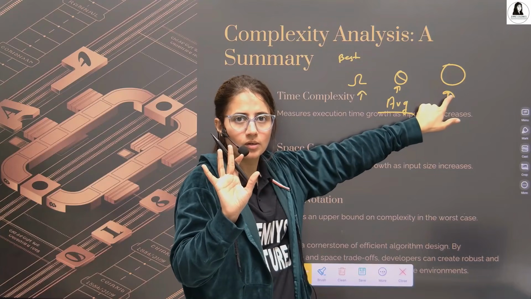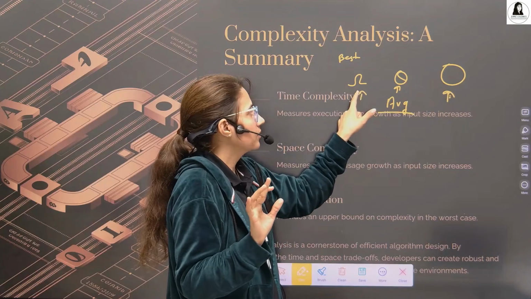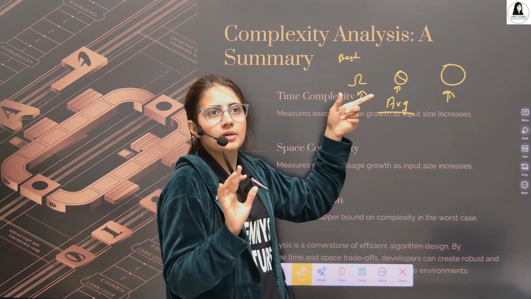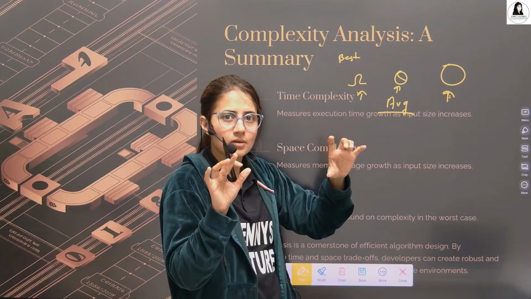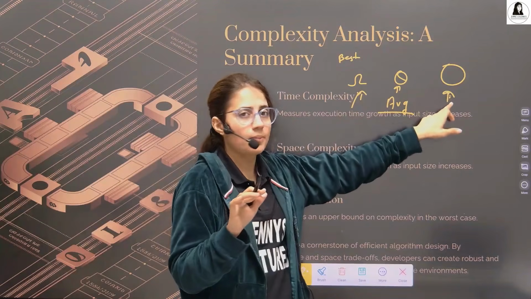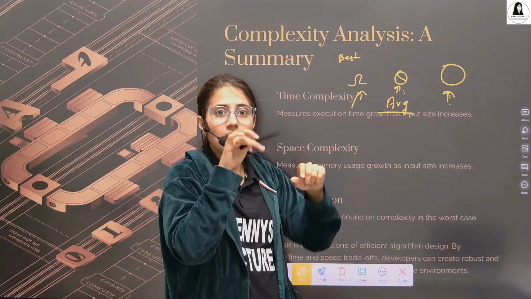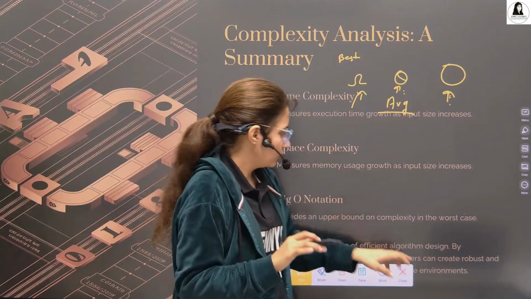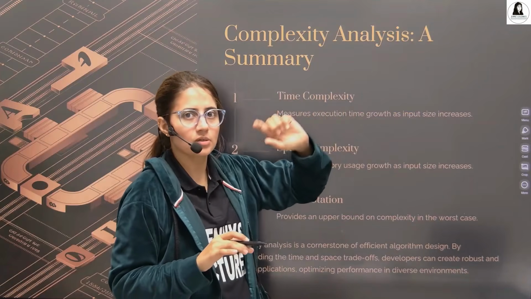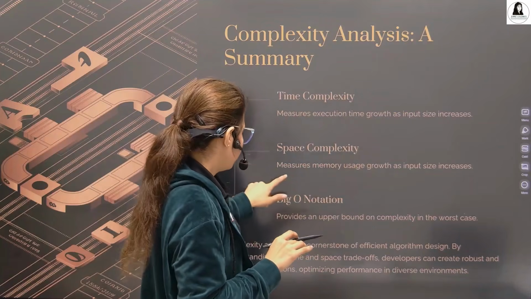That is the important one. For best case, it's omega. This is the lower bound, this is the upper bound. And for average case, we denote it with theta, right? We'll see about these notations later in a detailed manner.